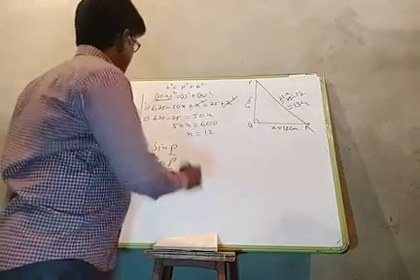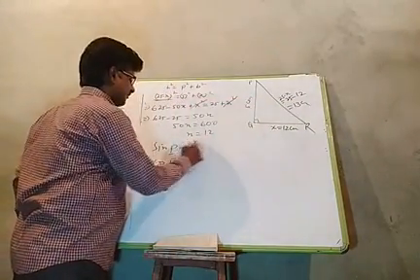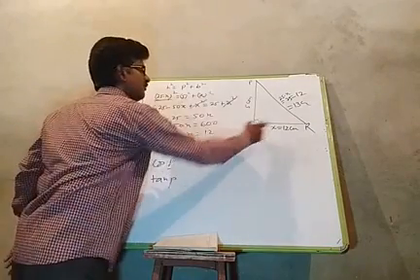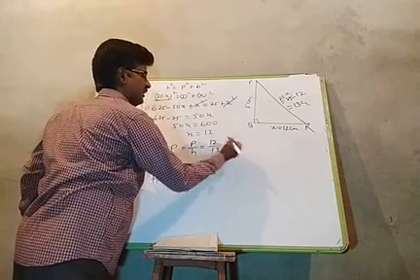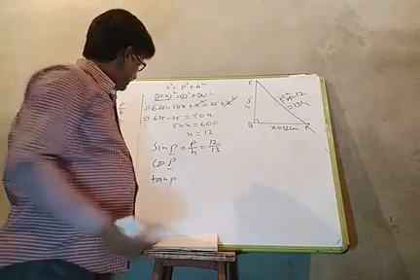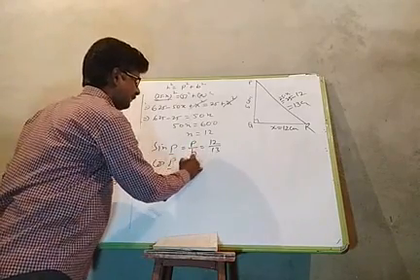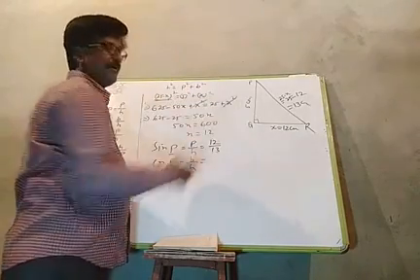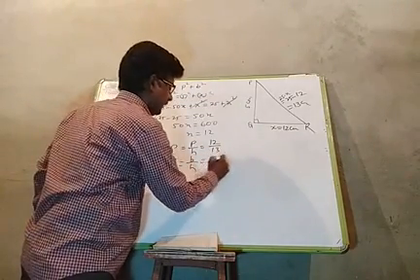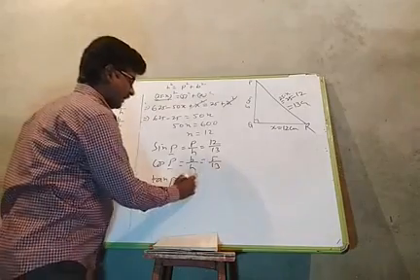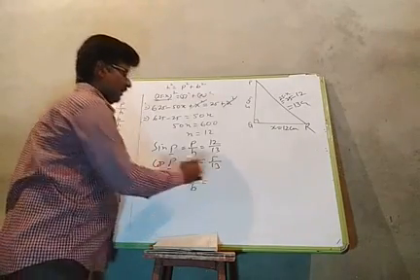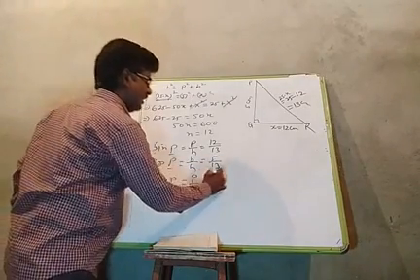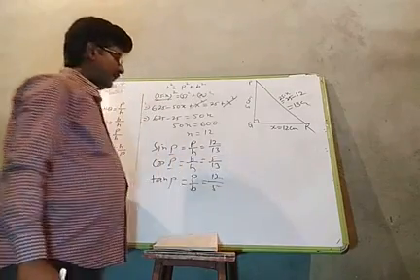So sin P is P by H, that is 12 by 13. Cos P is B by H, and for P the base is 5, so that will be 5 by 13. Tan P is P by B, and P is 12 and B is 5, that is 12 by 5.